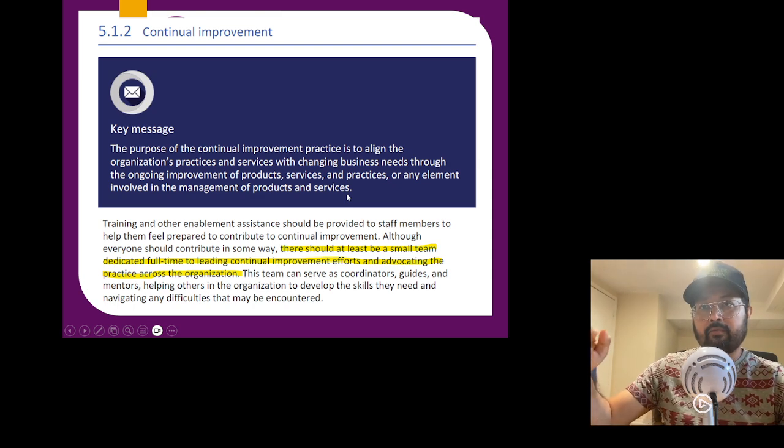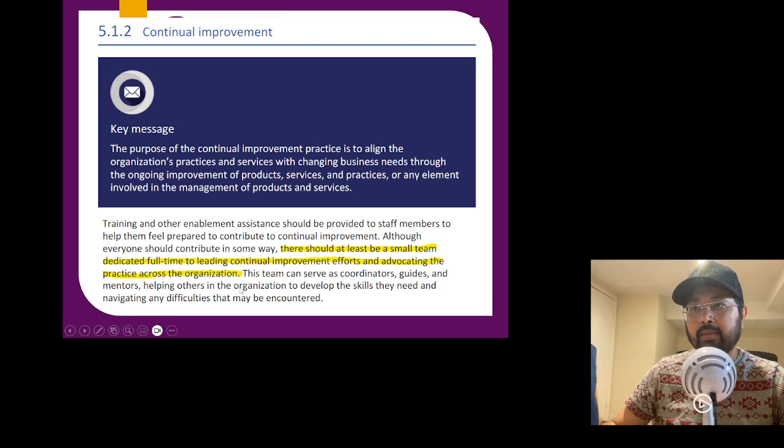Now after the definition, there is some discussion, and I marked it here with the yellow marker again. There should at least be a small team dedicated full-time to leading continual improvement efforts and advocating the practices across the organization.